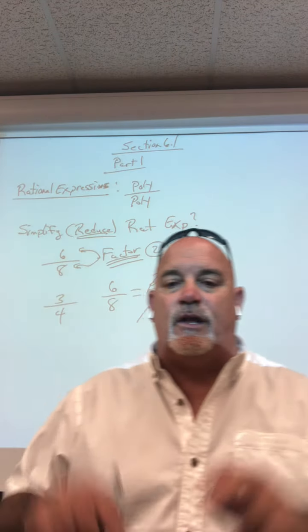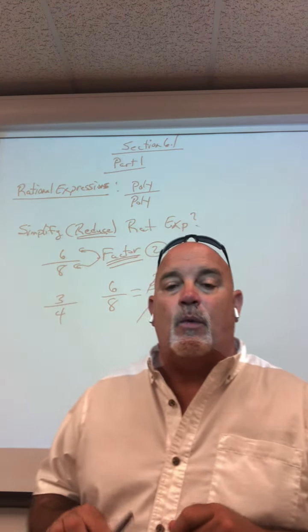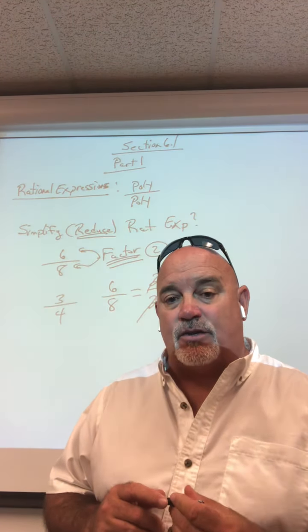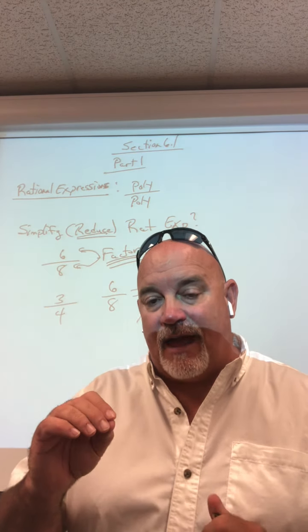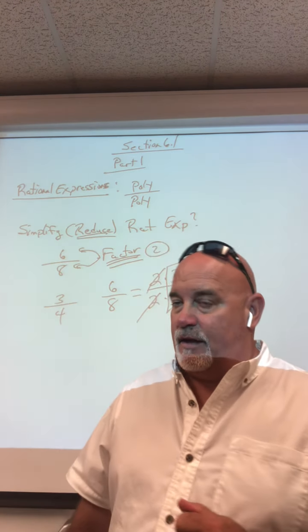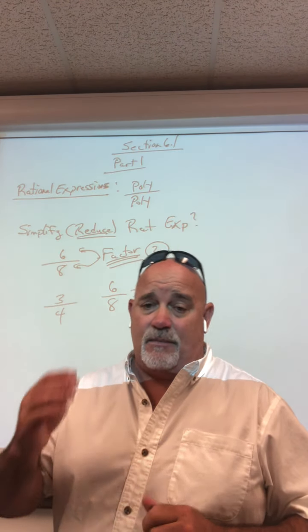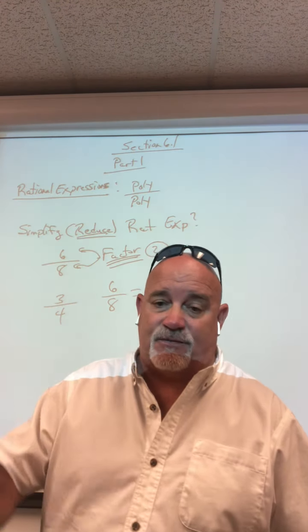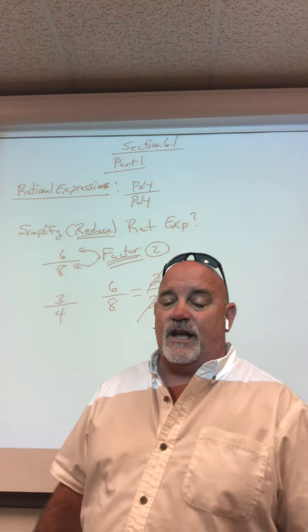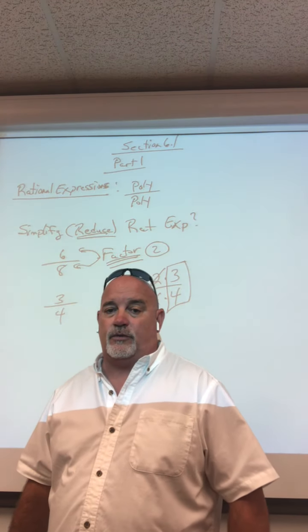So basically, when you simplify something, what do you do? You cancel common factors. Now, have we talked about factoring lately? Heavens, yes. I mean, 5.5, 5.6, 5.7, every bit of that was nothing but factoring polynomials.